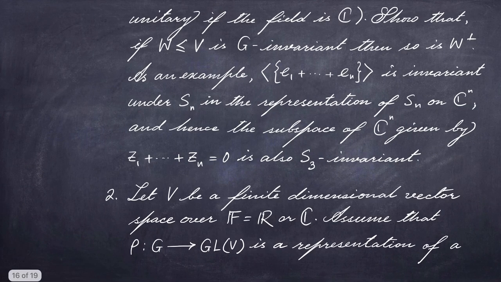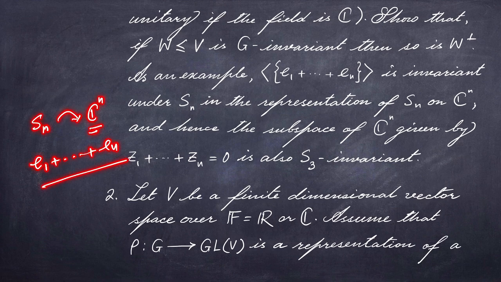So as an example, in the action of Sn on Cn, we see that the span of the vector E1 + ... + En is invariant under Sn, in the standard representation of Sn.